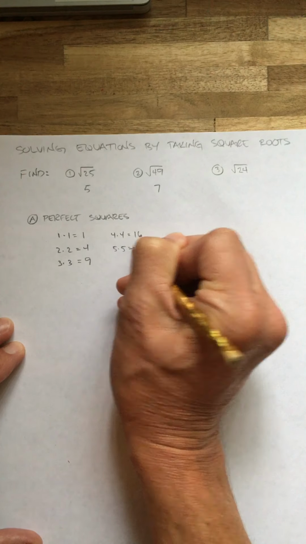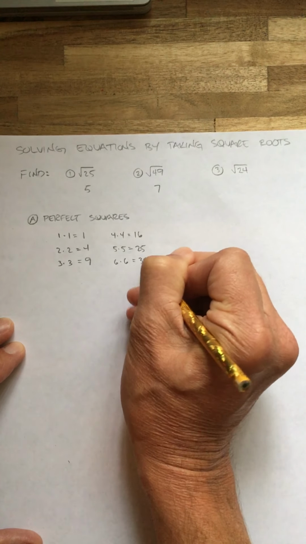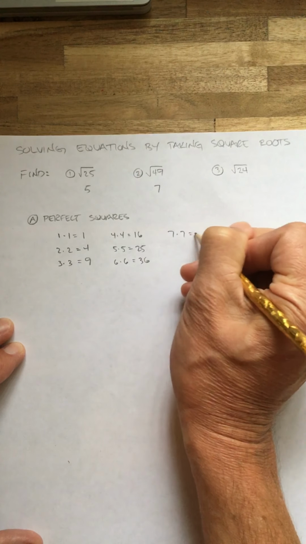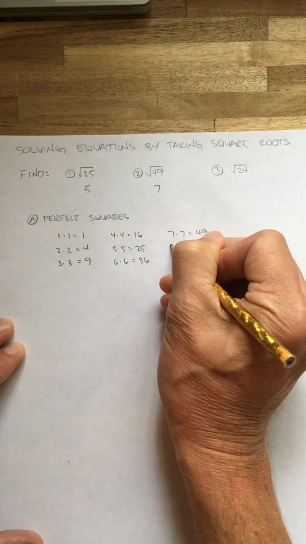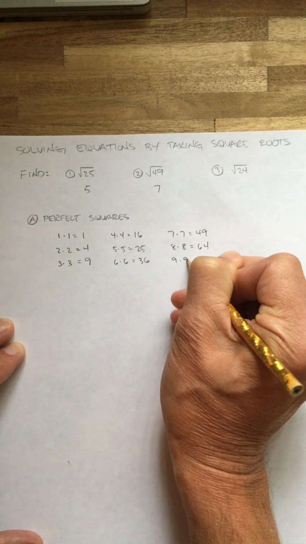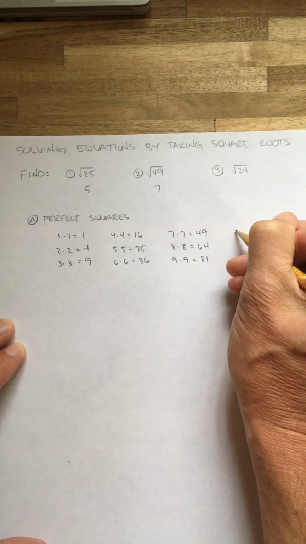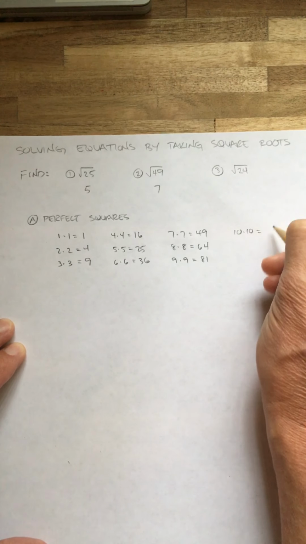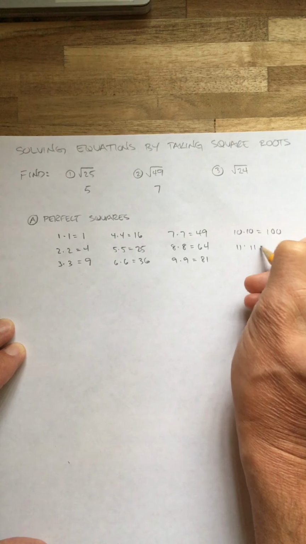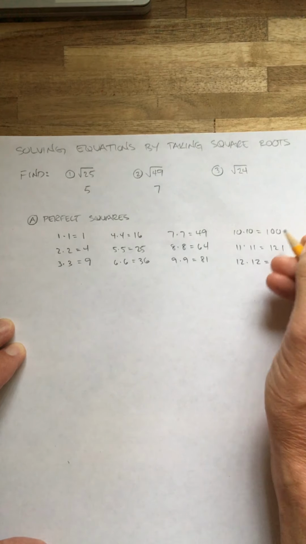You know this one, 5 times 5, 25. 6 times 6, 36. Okay. 7 times 7, 49. You knew that one. 8 times 8, 64. 9 times 9 is 81. 10 times 10, now we're getting big. You should know this, 100. 11 times 11 equals 121, and 12 times 12 equals 144.